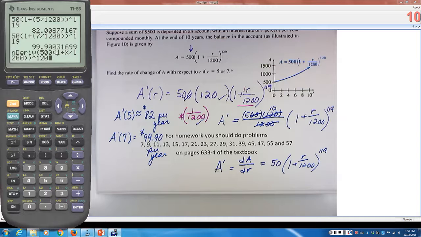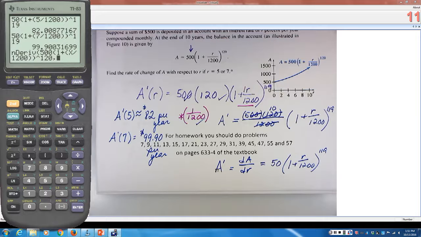Let's see, we've got 2 sets of parentheses open. I think we need another one. Yes, we do. Need one in front of the X. So there's X over 1200. That closes that set of parentheses. That raises it to the power. So we should be good to go.